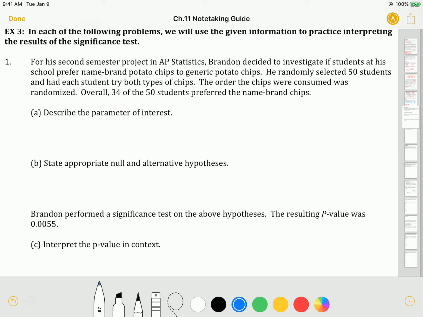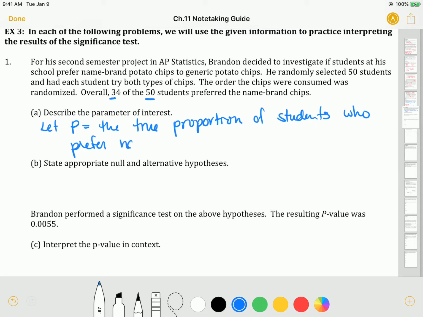So, for part A, it says describe the parameter of interest. So we are talking about a proportion here. We're talking about a part out of a total. So we're going to say let P equal the true proportion of students who prefer name brand chips over generic brand.